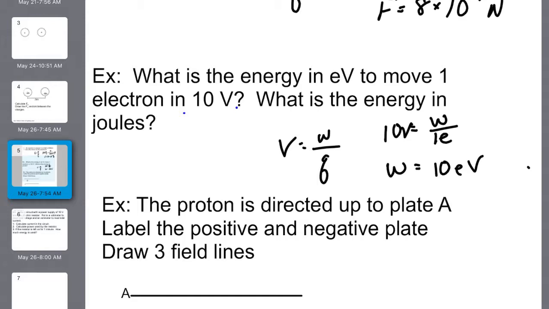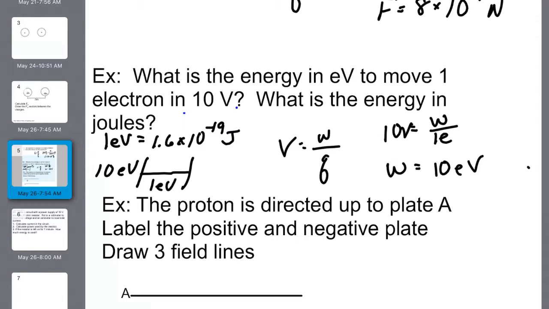Now, if we want to convert that to joules, we know on the front page of our reference table, they say 1 eV is equal to 1.6 times 10 to the negative 19 joules. So we are just going to multiply our eVs by the 1.6 times 10 to the negative 19 joules, and we will get 1.6 times 10 to the negative 18 joules as our answer.